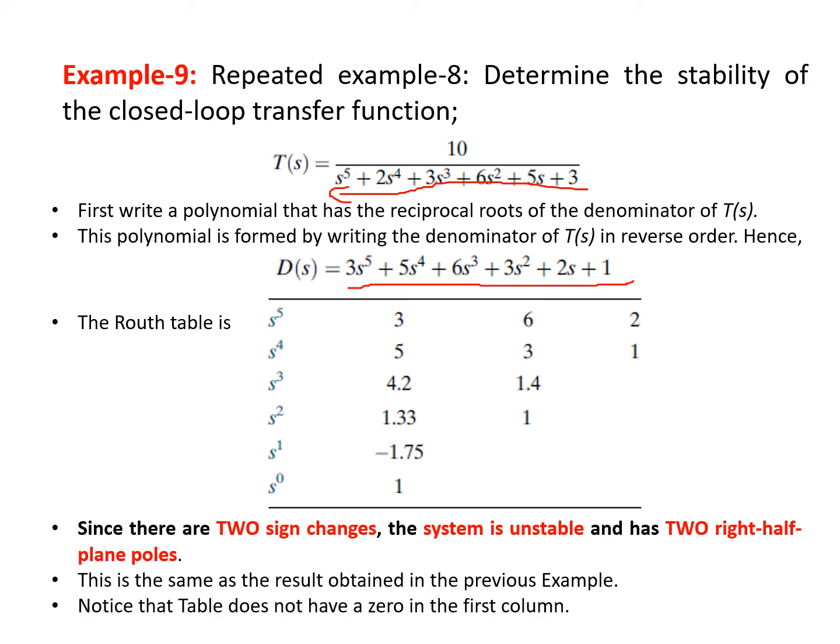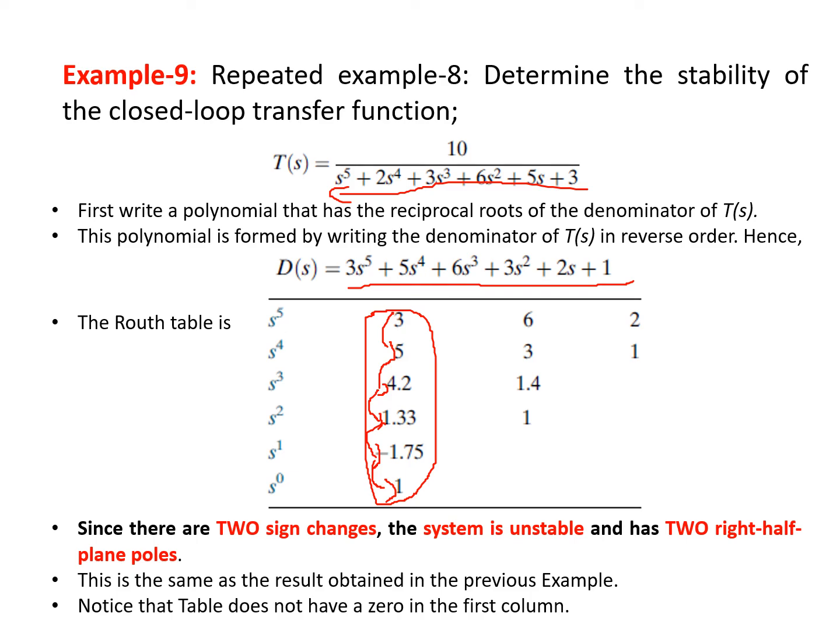Now take the coefficients and construct the roots table. If you construct your root table with these coefficients, you will not get any zero value in the first column, and you can observe that there are two sign changes. 3 to 5, no sign change; 5 to 4.2, no sign change; 4.2 to 1.33, no sign change; 1.33 to minus 1.75, one sign change; and minus 1.75 to 1, one more sign change.